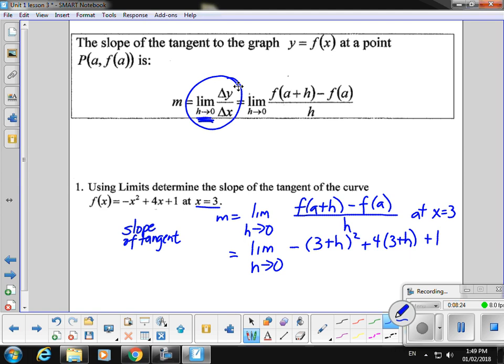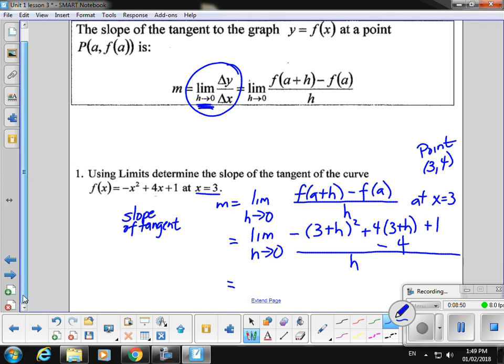There's my function. Subtract, I'm sorry to do this wraparound with the smartboard, the value of the function when x equals 3. Because I'm running out of board space, I'm going to put a value of x equals 3 into the function, and I will get a value of 4. Just FYI. Okay. All over h.